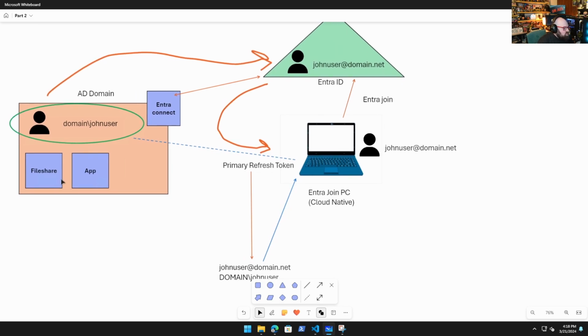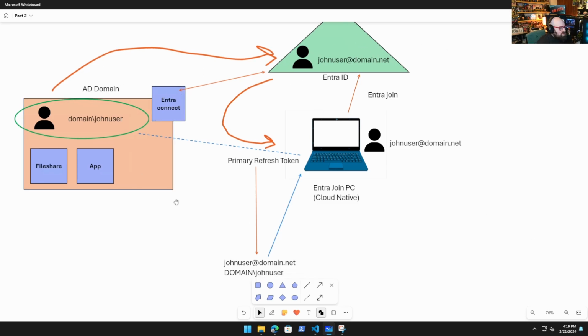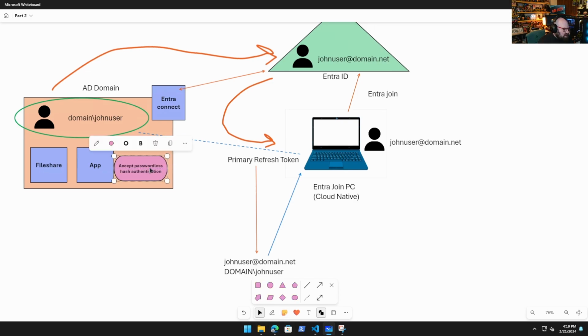You can do that by configuring what's called Entra Cloud Trust through Entra Connect on the domain. Cloud Trust basically tells the domain, if I'm using Windows Hello, which is, I guess, just a face. There you go. We'll call that Windows Hello. Maybe they'll adopt it as a new thing.